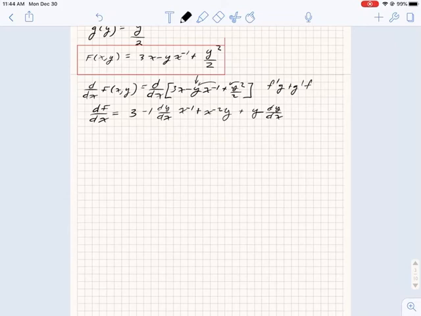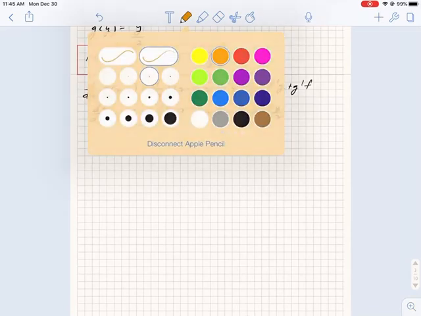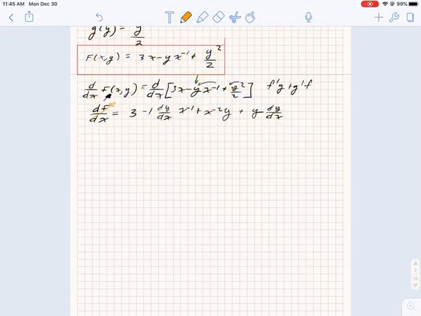So this function f of x, y should equal some constant, but we don't know what that constant is. Because it's equal to a constant and we took the derivative of it, we could say that it's equal to 0.